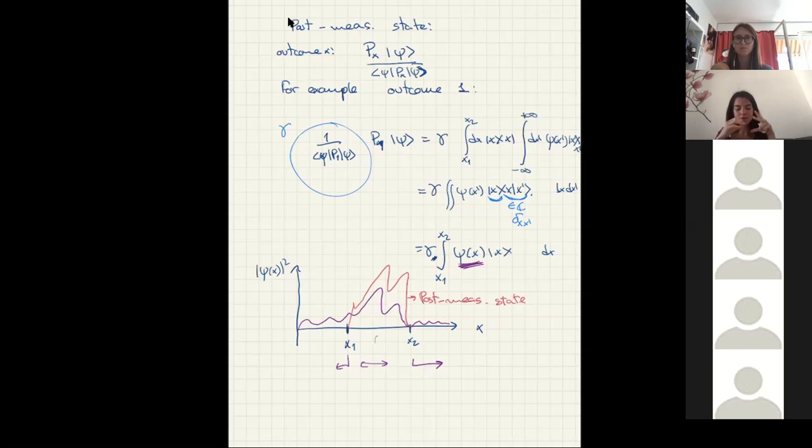Because this measurement was very coarse-grained, the correlations are kind of weak. So the only thing that's correlated is whether it's inside the box or outside, and otherwise we do not disturb the state that much. If this does not make sense now, don't worry, it will make sense in a few weeks.